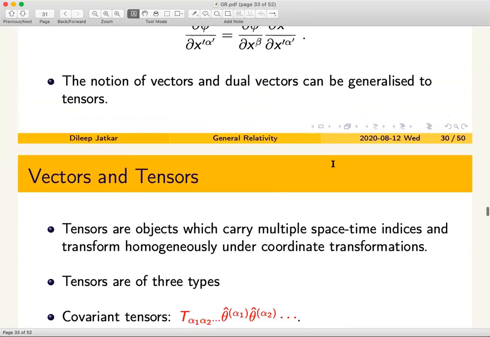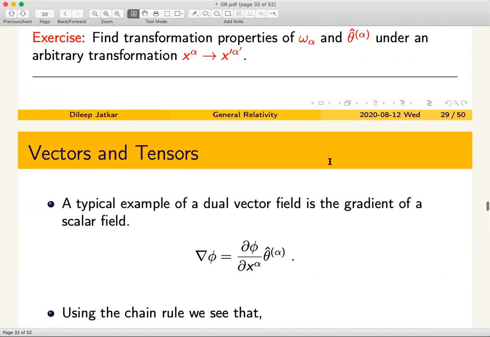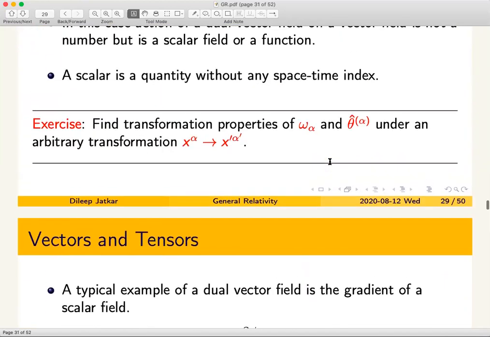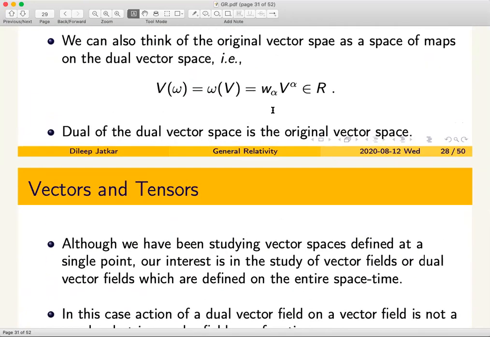Now remember that when we were looking at vectors, we had two types of objects, vectors and dual vectors, and their components would have either a contravariant index or a covariant index. But imagine you have an object with two indices, for example V alpha beta.